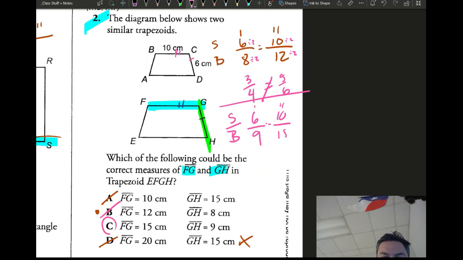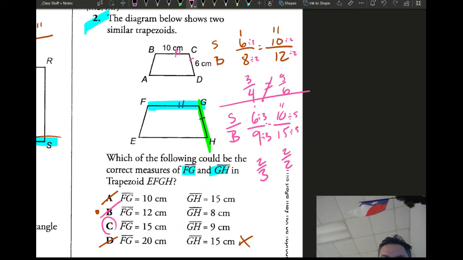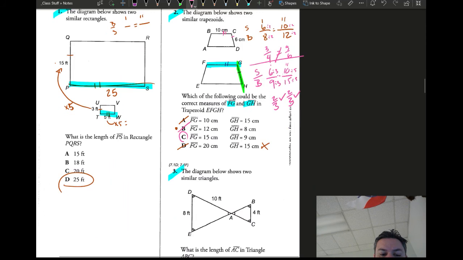And this is 15. So if we simplify this by 3, I get 2/3. If we simplify this by 5, I also get 2/3, which is the same scale factor, so it matches. Those are just possible answers, so you gotta play backwards.